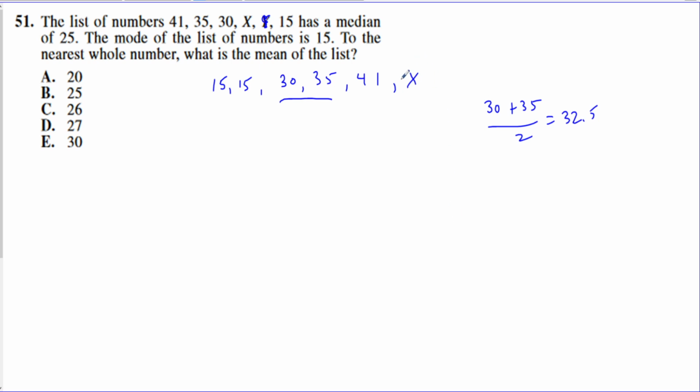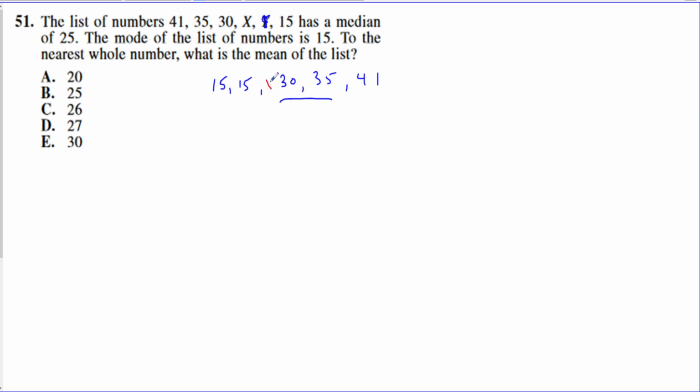So what I need to do is strategically place x in such a way that I will get a 25. I'm going to place it somewhere around where 25 would be. Instead of placing it at the end, I'm going to place it right here between 15 and 30. That's where 25 would be located.